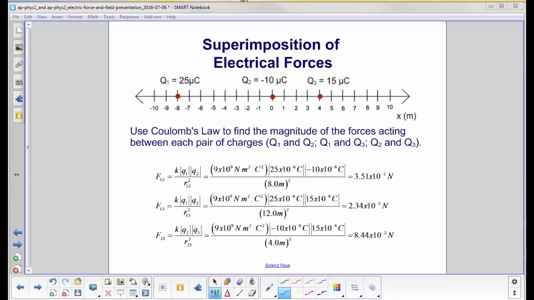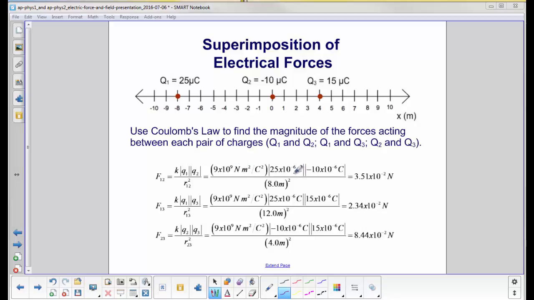Time for Coulomb's law to find the magnitude of the forces acting between each pair of charges. So let's again look at force 1, 2, which is the negative of force 2, 1 when it's a vector, but the magnitude is exactly the same. So we have K, 9 times 10 to the 9th newton meters squared per coulomb squared.